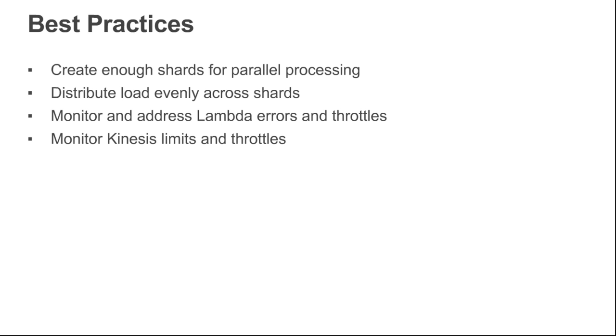So kind of wrapping things up, the best practices here include creating enough shards for parallel processing and also evenly distributing load across your shards, making sure that you're really taking advantage of all the parallel processing power that is given to you by having these shards. Also, monitoring and addressing any Lambda errors or any Lambda throttles, as well as monitoring Kinesis limits and throttles.